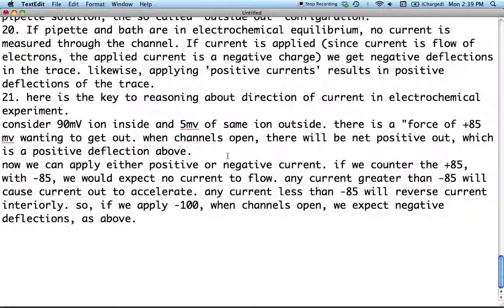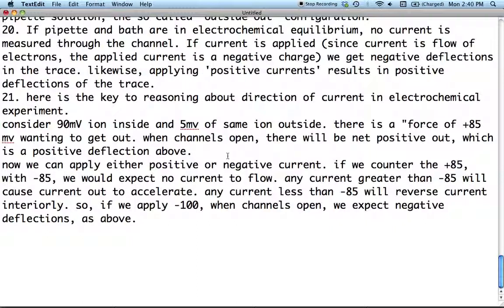So, okay, if the pipette solution and the bath solution are in equilibrium, there should be no current measured through the channel. Now imagine you apply current. Unless specified, applying current means applying negative to the inside, because the electrode is actually inside the pipette.